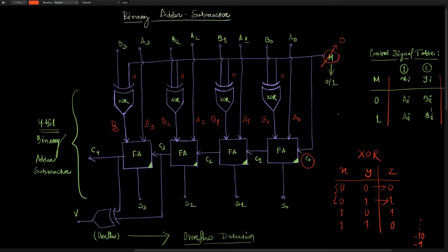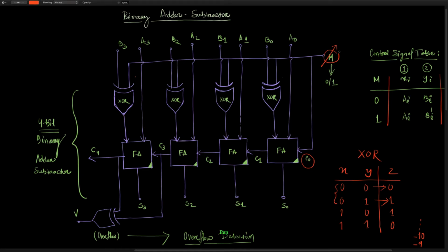C0 remains 0 as M is equal to 0. So this addition operation is pretty straightforward and there is nothing more to understand here. You can look in the book, where you'll also get the figure and the explanation of the operation, if you want that.